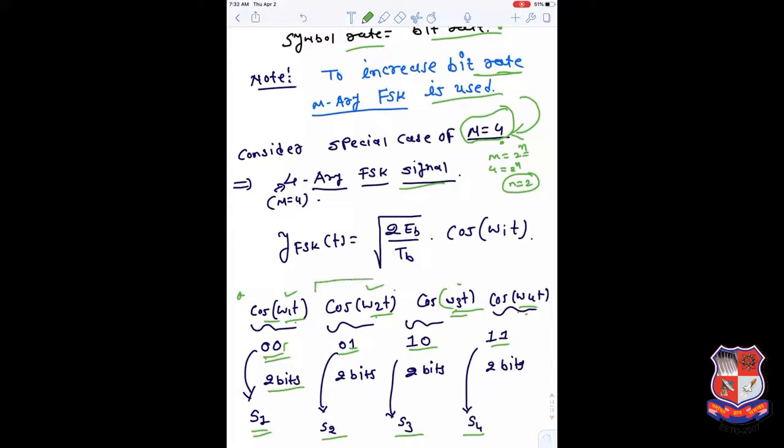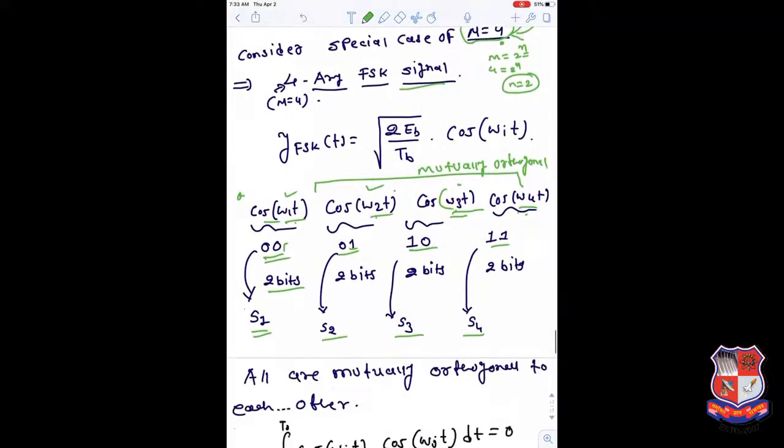Now orthogonality is also important, so it is assumed here that you can choose omega 1, omega 2, omega 3 and omega 4 in such a way that the 4 cosine signals are mutually orthogonal. A very important part here is mutually orthogonal. If I pick any 2, they should be orthogonal.